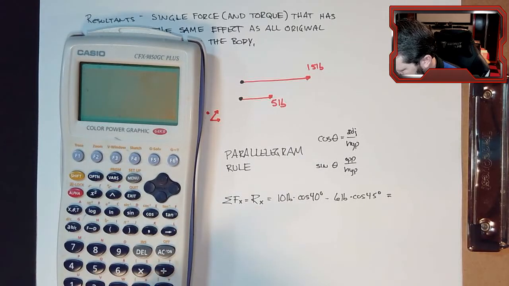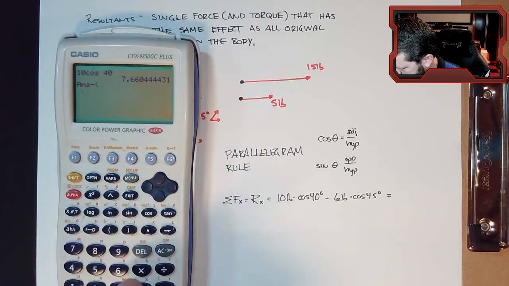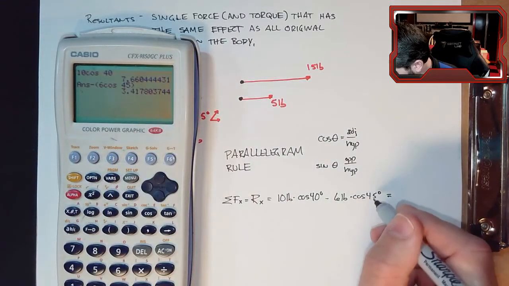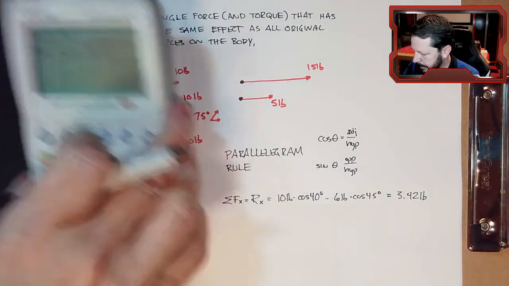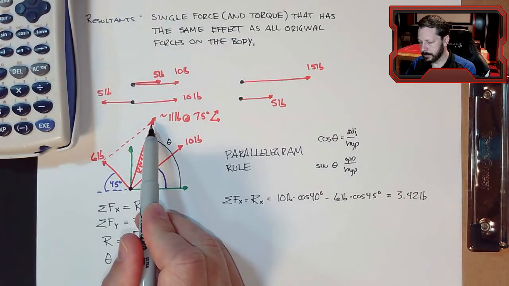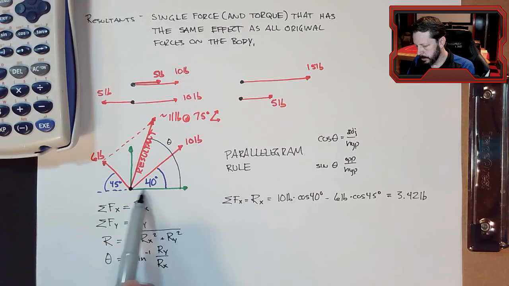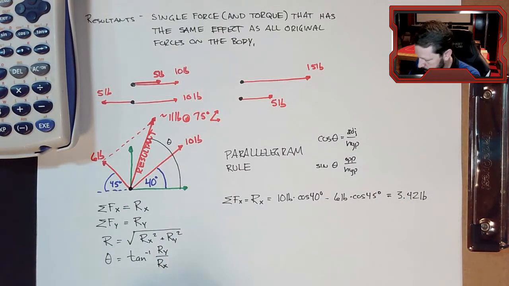Eventually we'll get this right. 10 cosine 40 minus 6 cosine 45 gives 3.42 pounds. And so what that says is the x component of this resultant, right down here, would be 3.42 pounds.